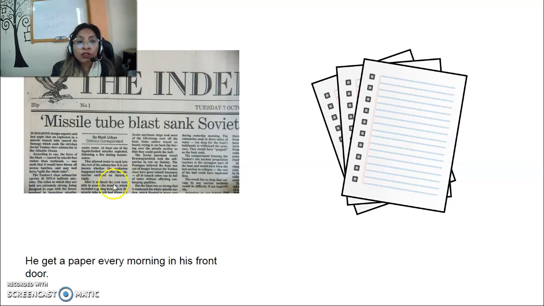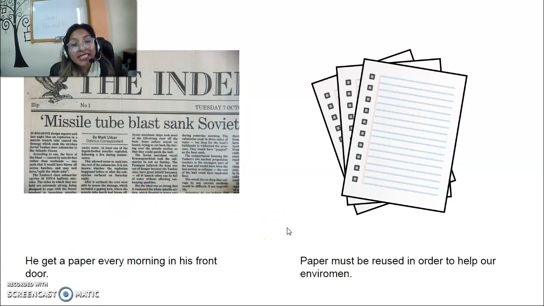If you use the word paper as a count noun, it means newspaper. On the other side, if you are talking about the material itself, paper as material, it is a non-count noun. For example, paper must be reused in order to help our environment.